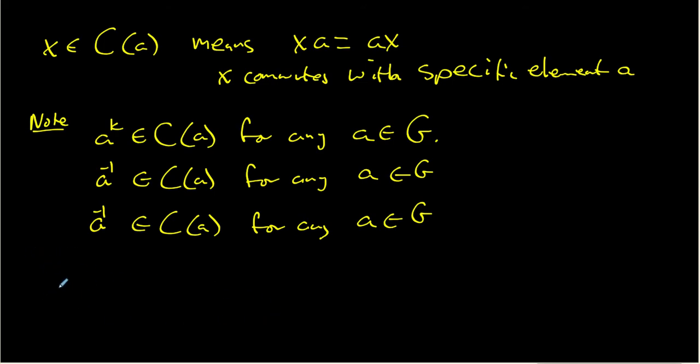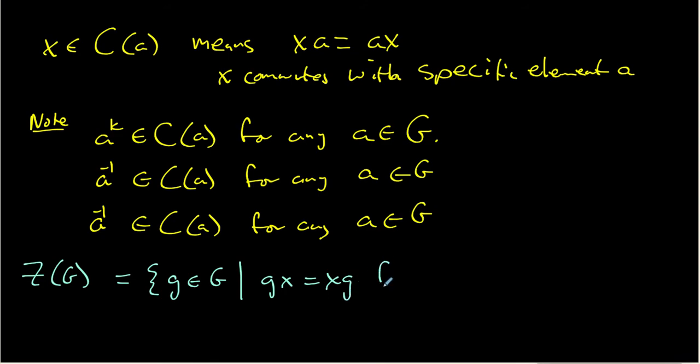The center, on the other hand, so let's actually do this in a different color. The center of G is the set of things in G that commute with everybody. So it's any g in G such that gx equals xg for all x's inside G. Now, to make the quantifier a little bit more clear, I'm going to change this definition ever so slightly.